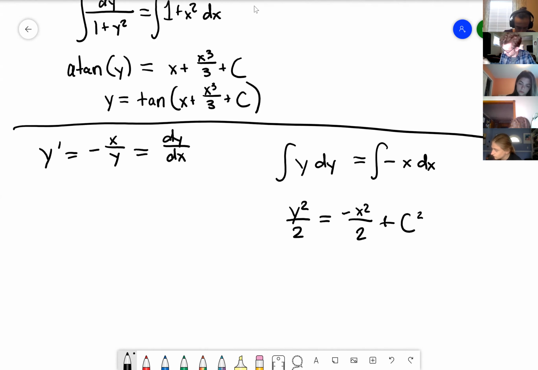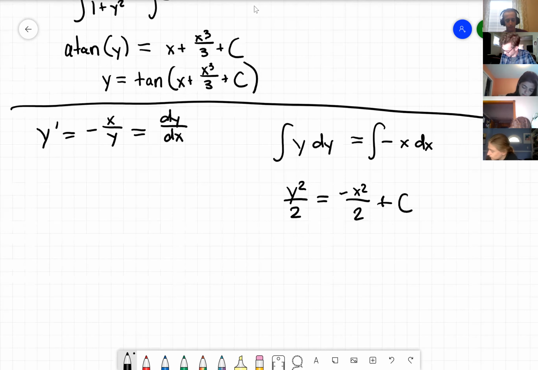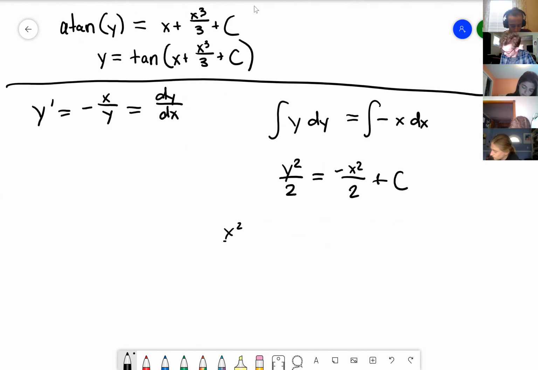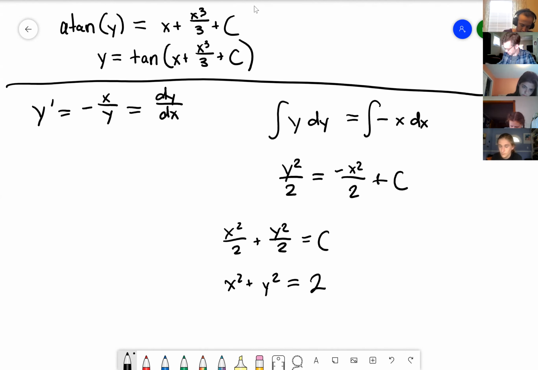No, let's just write c. Okay, so what's going on here? If I rewrite this slightly, what I get is x squared over 2 plus y squared over 2 is equal to c, or x squared plus y squared is equal to 2c.